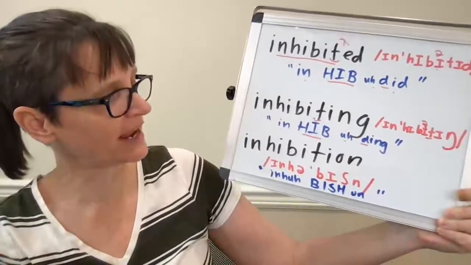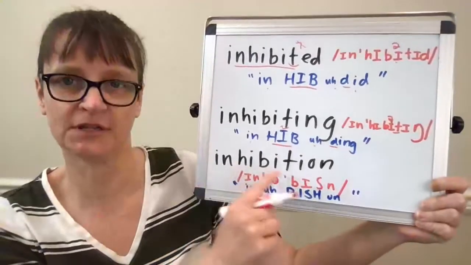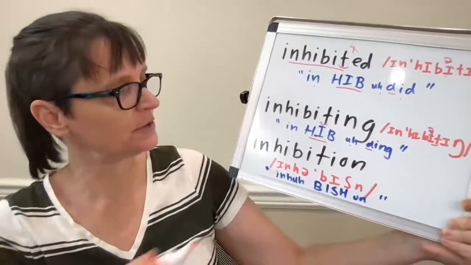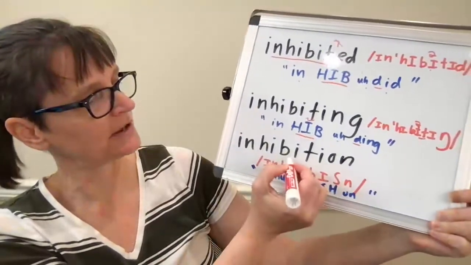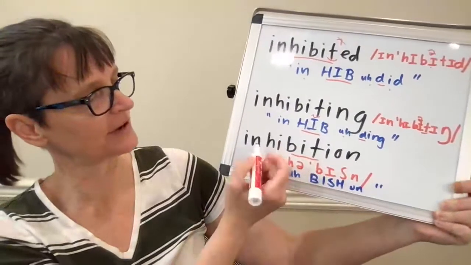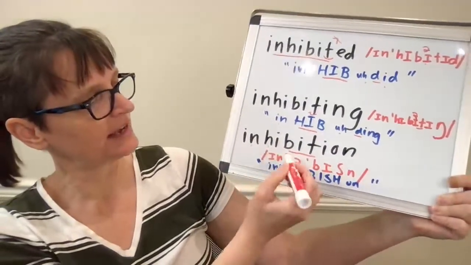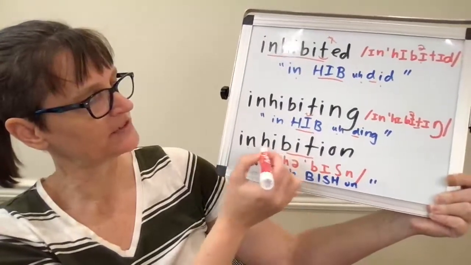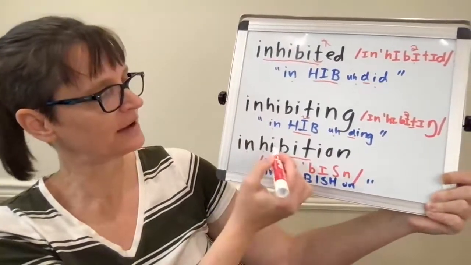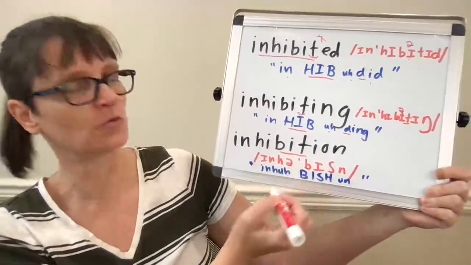Where we see a change is when we go to inhibition because we have a different syllable stress pattern. So in inhibition, it's the bish syllable that gets the stress, which means even though I still have the same spelling and the same letters, this one I definitely think of as more of a schwa.